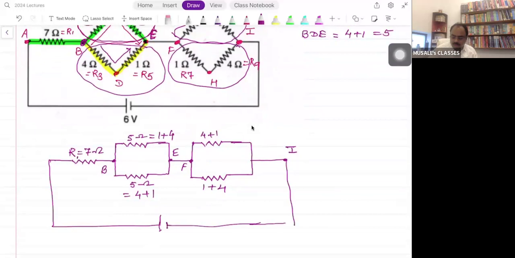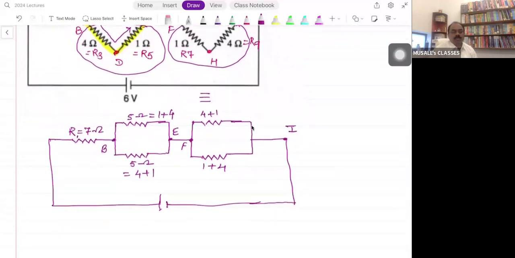Same circuit. I will show it with 3 lines. This is known as the equivalent circuit. And again, we will draw the equivalent circuit of this.